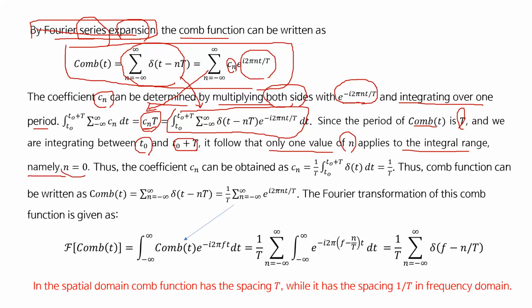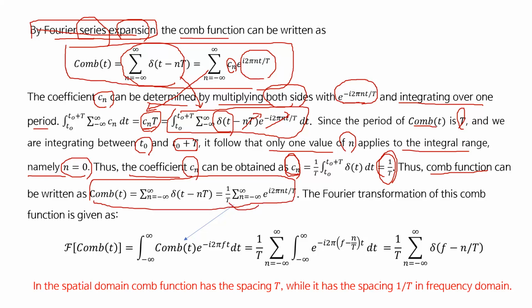Therefore, n should be 0. Thus, the coefficient Cn can be obtained with n equals 0, so with delta t, we have the coefficient Cn given by 1 over t. Thus, the comb function can be written in the exponential form, like this.